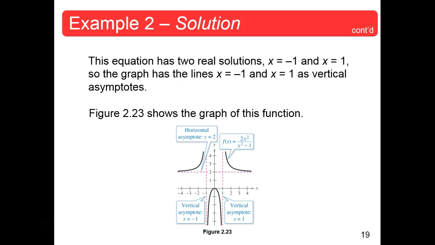And if you plug in, say, x equal -2, this would be 2 times -2 squared is 4. 2 times 4 is 8. Divided by 2 squared is 4, minus 1 is 3, 8/3. Well, 8/3 would be somewhere up about 2 and 2/3.